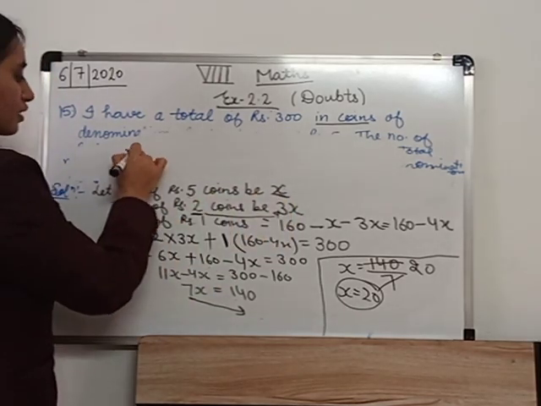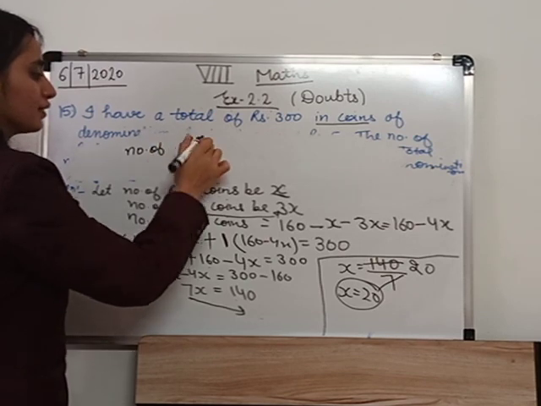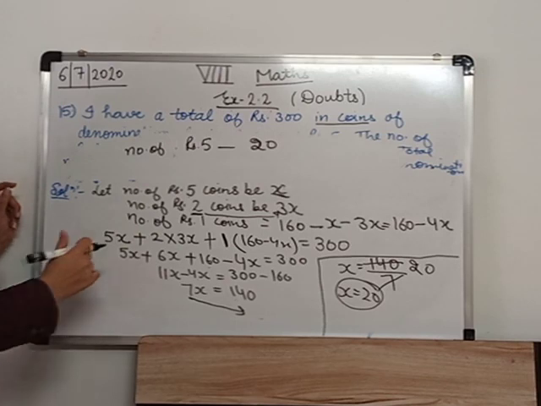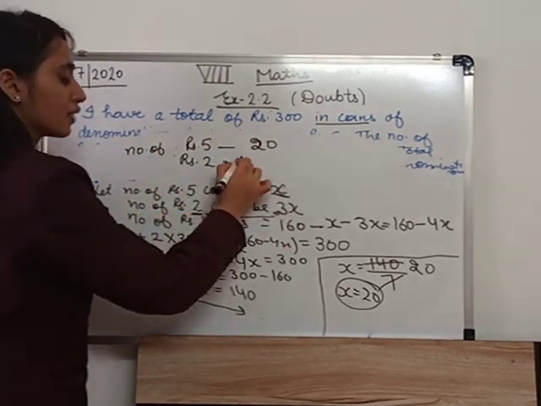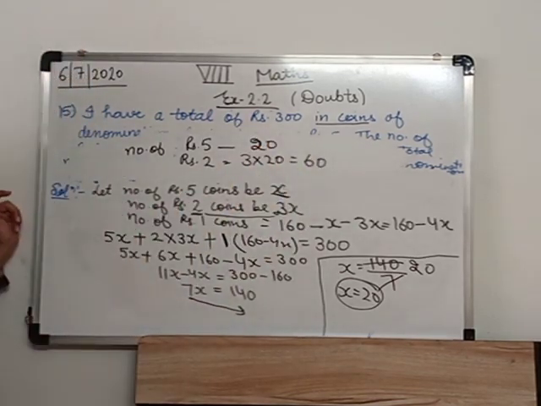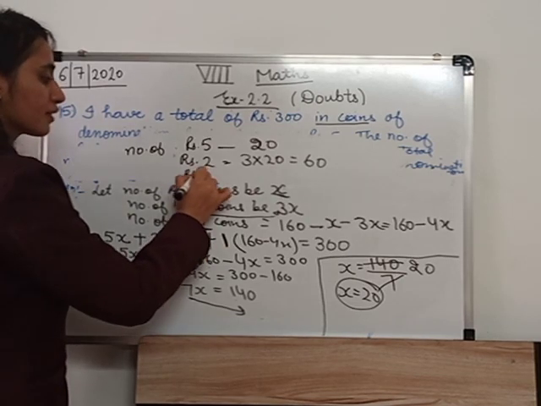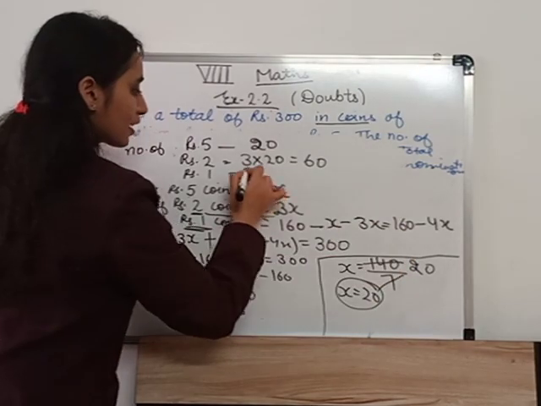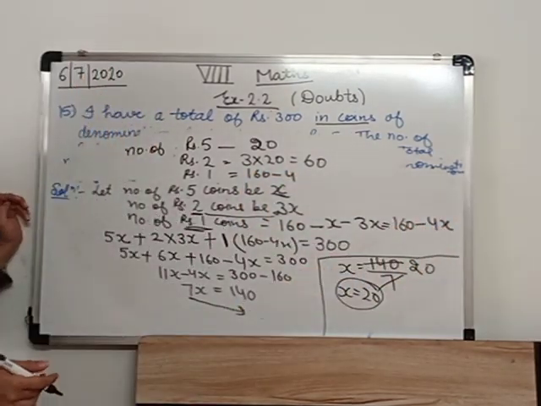20 means the number of 5 rupee coins she has is equal to 20, and the number of rupees 2 coins she has is 3x, 3 into 20, that is 60. Okay, and the number of 1 rupee coins she has? 160 minus 4x, 4 into 20.